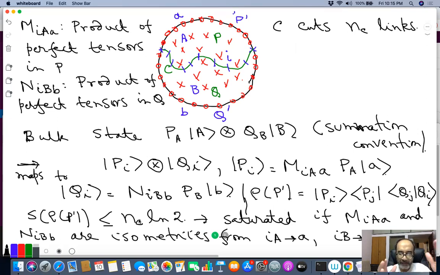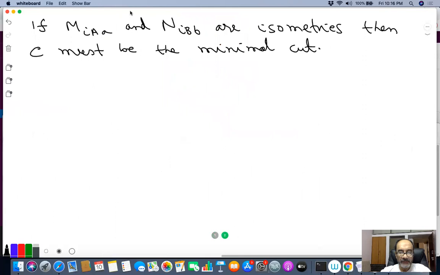On the one hand you have equality, on the other hand you would have an upper bound which is lower than what we had earlier. So that's not possible. This means that if we have found a cut for which these are isometries, then it's guaranteed that this is a minimal cut. But the converse is not automatic.